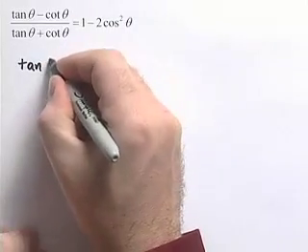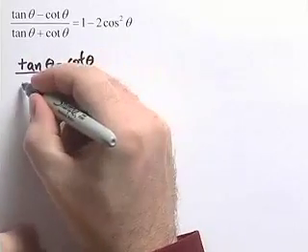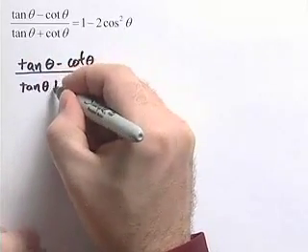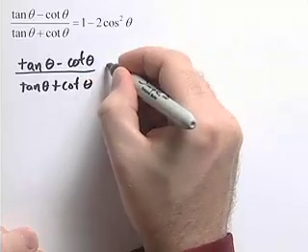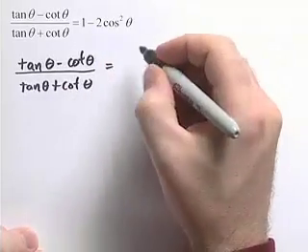Here we'll have the tangent of theta minus cotangent theta divided by tangent theta plus cotangent theta. We're going to rewrite each of these tangents and cotangents in terms of sines and cosines.